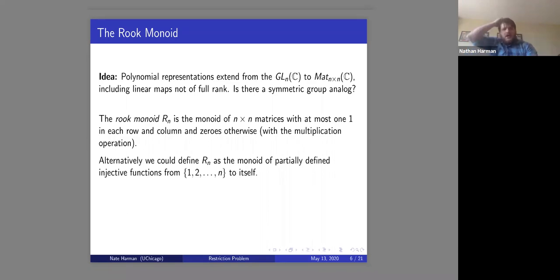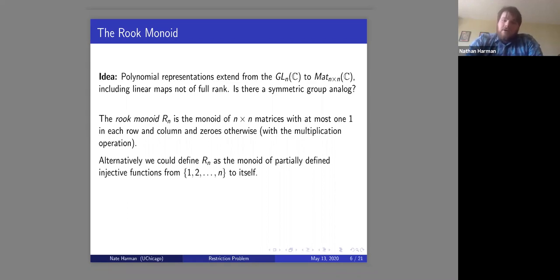But we can also define it not in terms of matrices, if you like. You define it as partially defined injective functions from an n-element set to itself. What I mean by a partially defined function is you pick a subset of this set and then you define a function on that subset back into the set, so it's not completely defined.